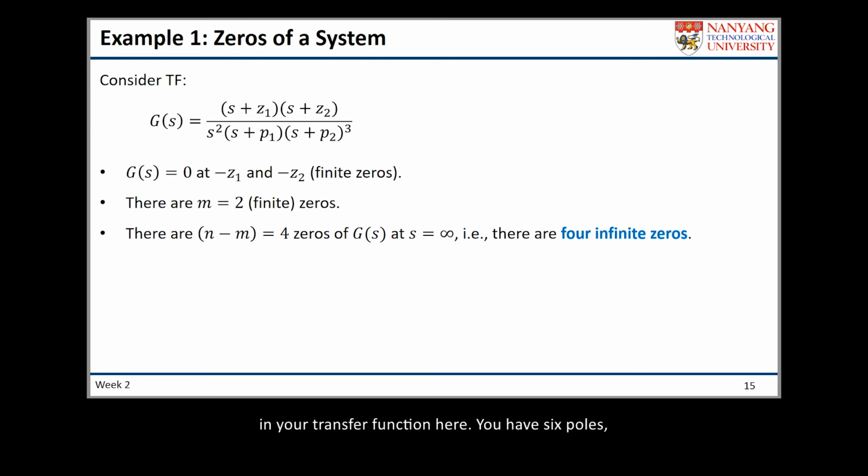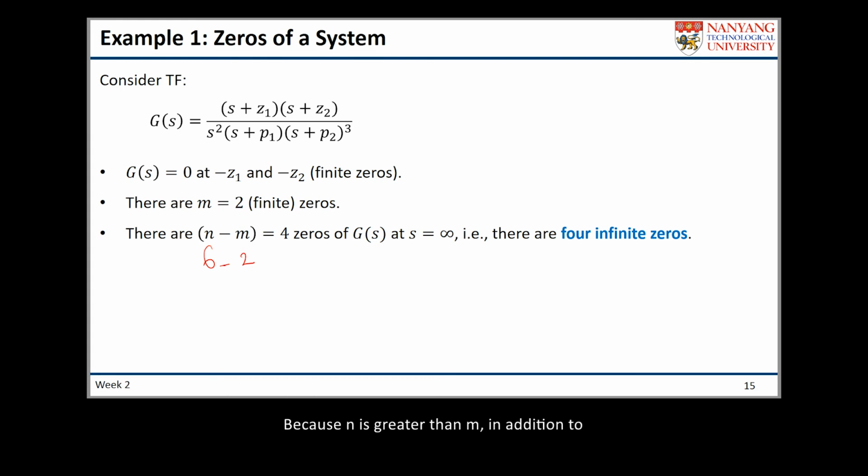You have 6 poles, the ones that we discussed in the previous slide. The order of the denominator is more than the order of the numerator. For the denominator, n is 6. The order of the numerator is 2, so your m is 2.